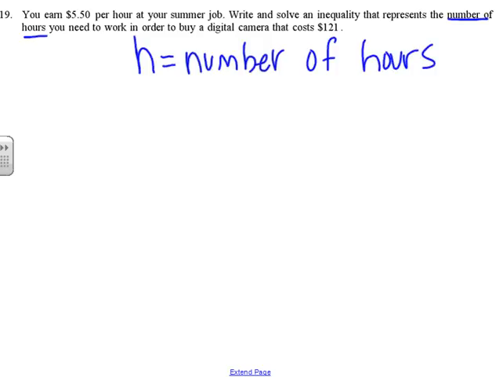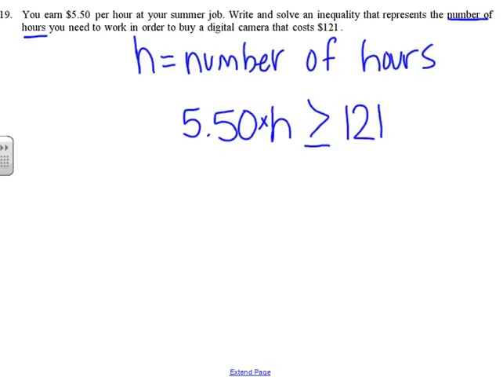Okay, if we make $5.50 per hour, every hour we work, we're going to get $5.50. So we're going to multiply the number of hours by 5.50. Okay, we need to get at least $121. So we could get more than or equal to 121.